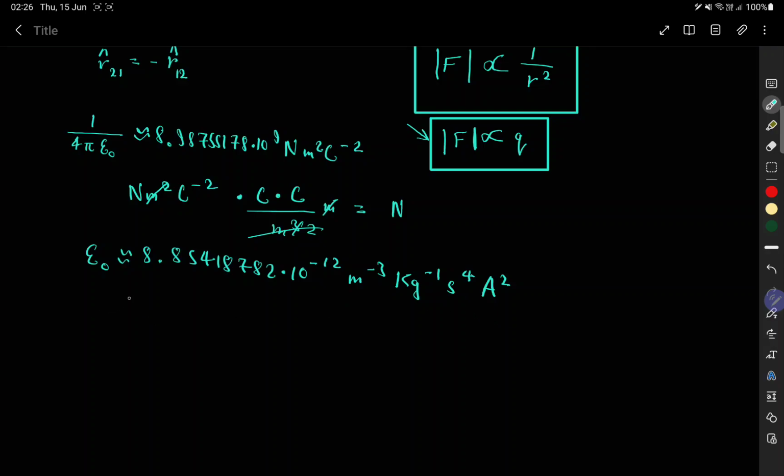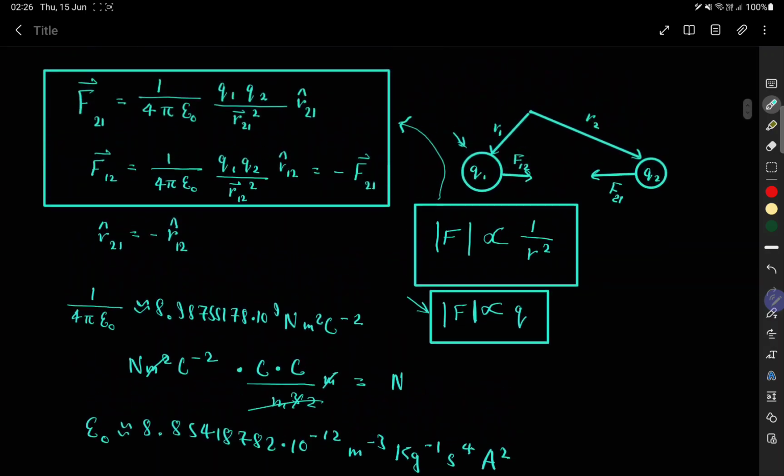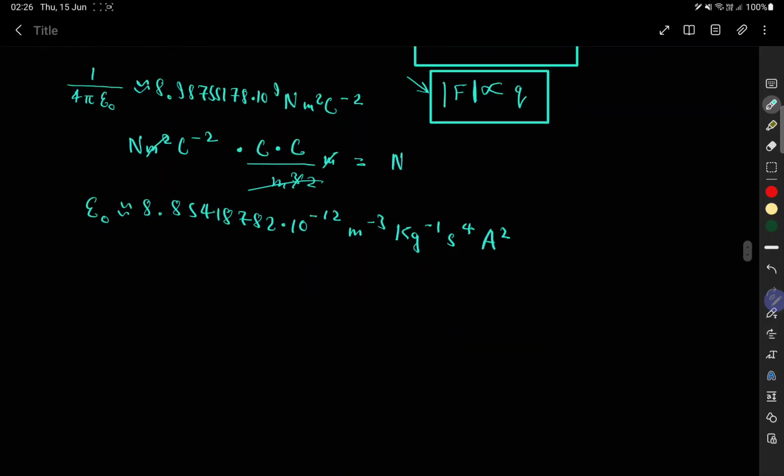Think of what permittivity means: the ability or allowance, basically, of free space. In this case, because we're talking about electric fields, it is supposed to imply something related to the ability of electric fields. So permittivity of free space would basically be a constant that shows the ability of an electric field to pass through free space.